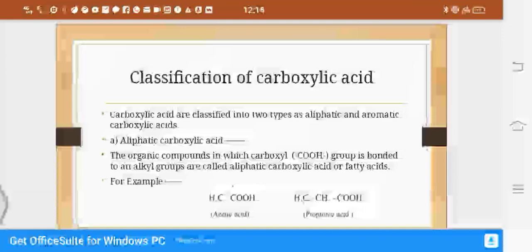Aliphatic carboxylic acids: the organic compounds in which the carboxyl group, the COOH group, is bonded to an alkyl group are called aliphatic carboxylic acids or fatty acids.